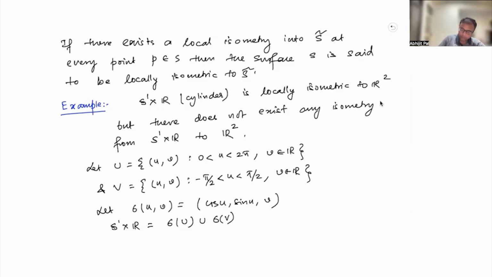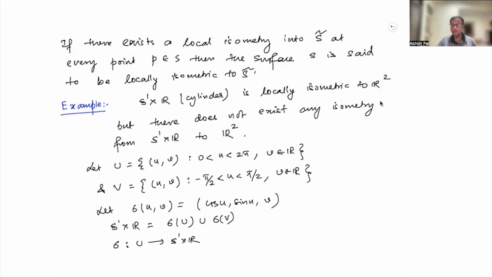So now the sigma is a map from U to S1 cross R. U is an open set, and sigma of U is a proper subset of S1 cross R. So sigma is not defined on the boundary.